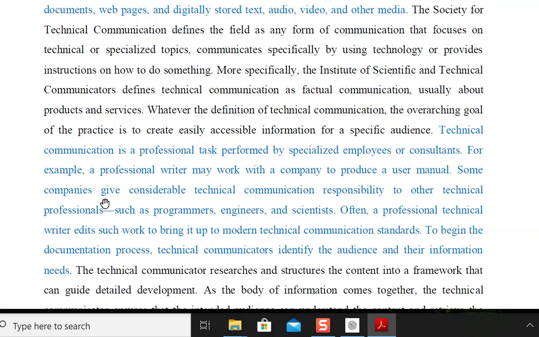Some companies give considerable technical communication responsibility to other technical professionals, such as programmers, engineers, and scientists. So, same thing that I have repeated earlier, that technical and business writing is always authorized, and one has to be an expert. Often a professional technical writer edits such work to bring it up to the modern technical communication standards.